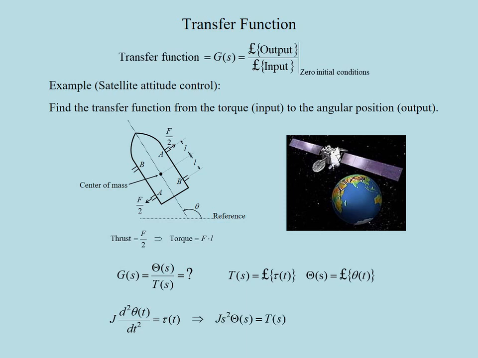If we take the Laplace transform of both sides, under zero initial conditions, of course, we can write the transfer function Theta of s over T of s as equal to 1 over J s squared. Here, the fact that the transfer function has two s factors in the denominator means that the angular position is to be obtained from the torque input by double integration.